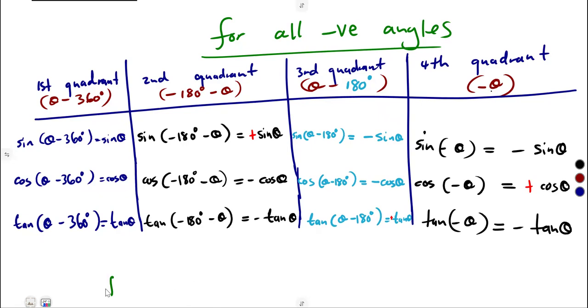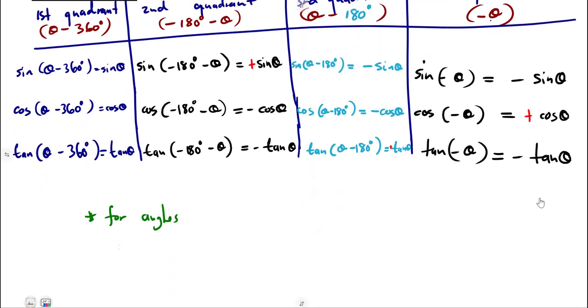For angles greater than 360 degrees, it can be a negative angle too.